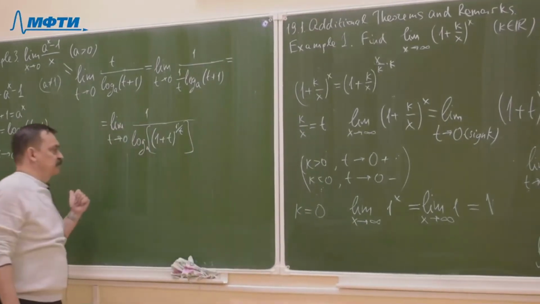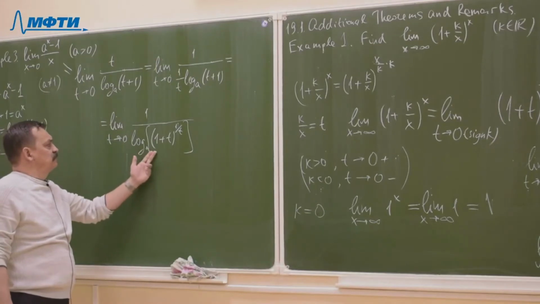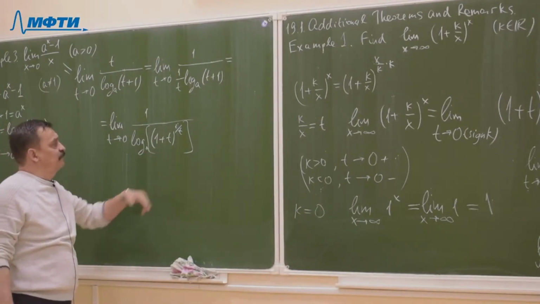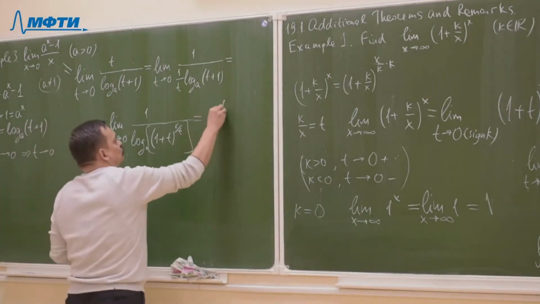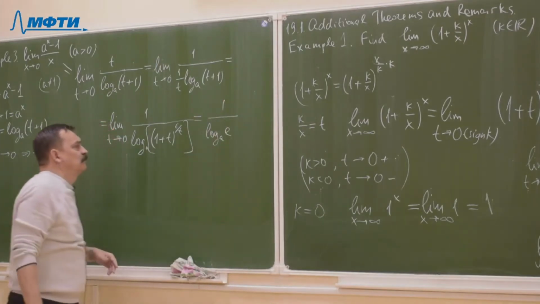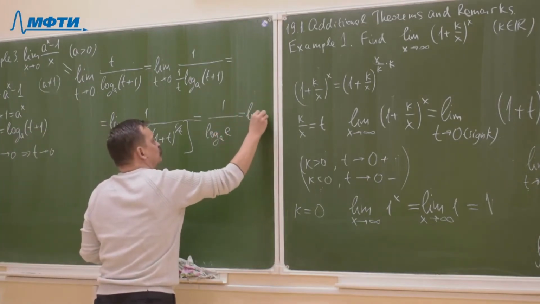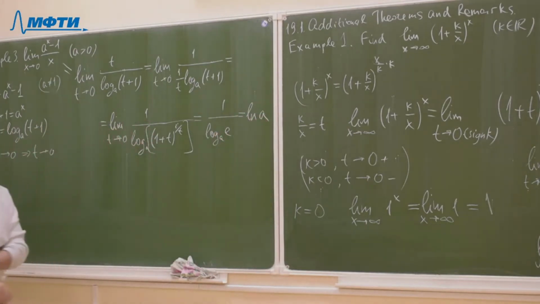The logarithmic function is continuous, so that is logarithm base a of e. So we obtain 1 over logarithm base a of e, or using properties of logarithms, we can write it as natural logarithm of a.